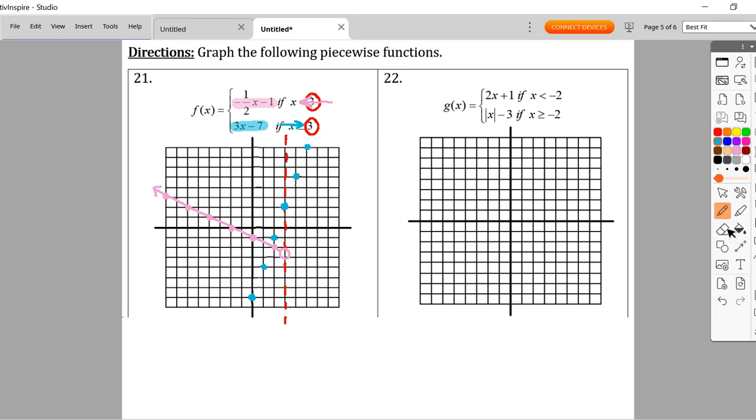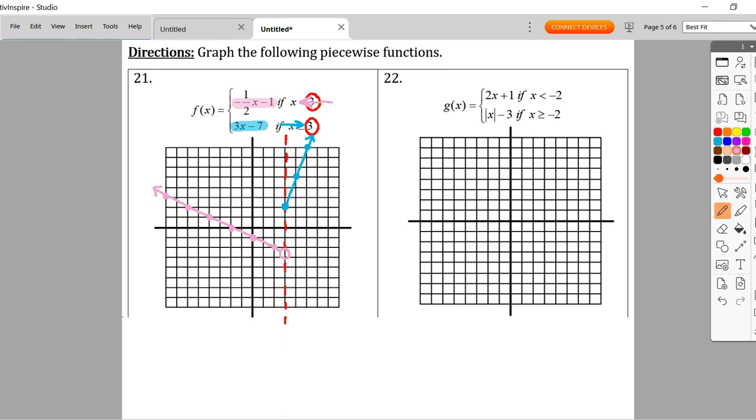Again, I just talked about how this is only going to be appearing when x is greater than or equal to 3. So I erase everything on the left, keep the filled point on the x value of 3. That dotted line there represents that x value of 3. And I keep everything on the right.